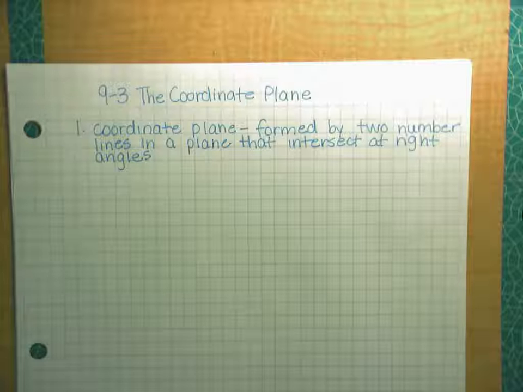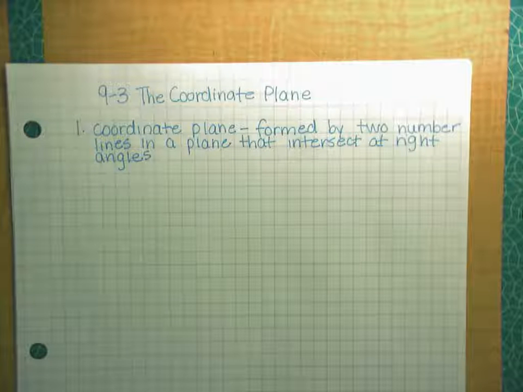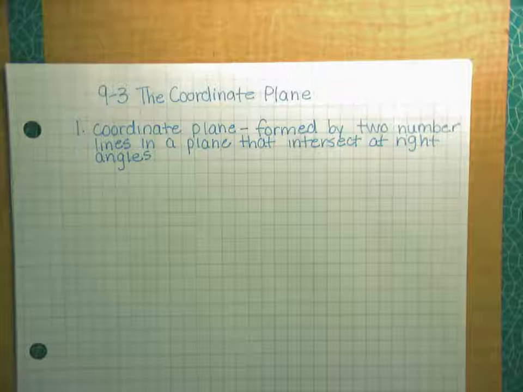So the coordinate plane is formed by two number lines in a plane that intersect at right angles.